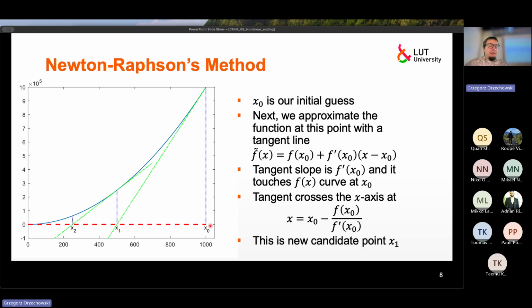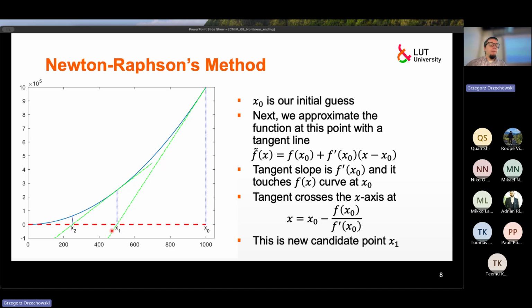So we get the point, find the value of the function, then we approximate this function by using the tangent. Then we solve for the tangent: we are looking where the tangent crosses zero, and because this is a linear equation, we can do it very easily. We check if this is our solution. In this case, the next point is clearly not our solution.